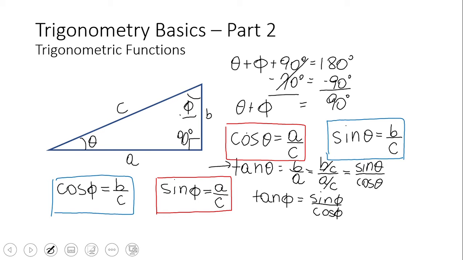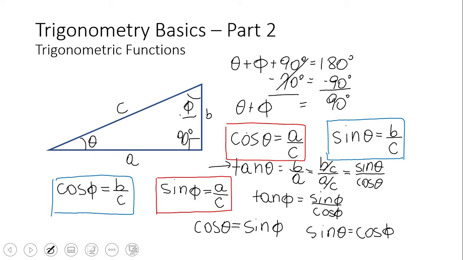I mean that the cosine of theta is equal to the sine of phi, and the sine of theta is equal to the cosine of phi. And these relationships always hold regardless of what the values of the angles are.